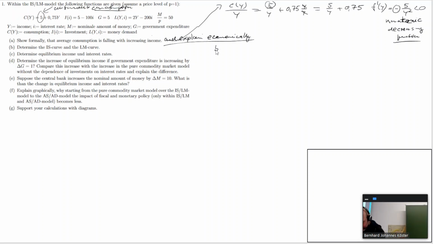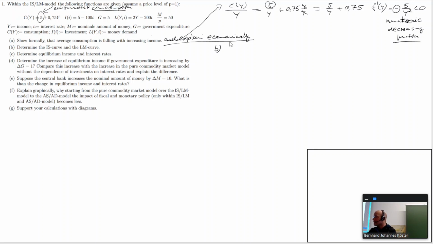So, question B. Determine IS and LM curve. What do I have to do? For this, you have to have learned what the IS-LM model is about.